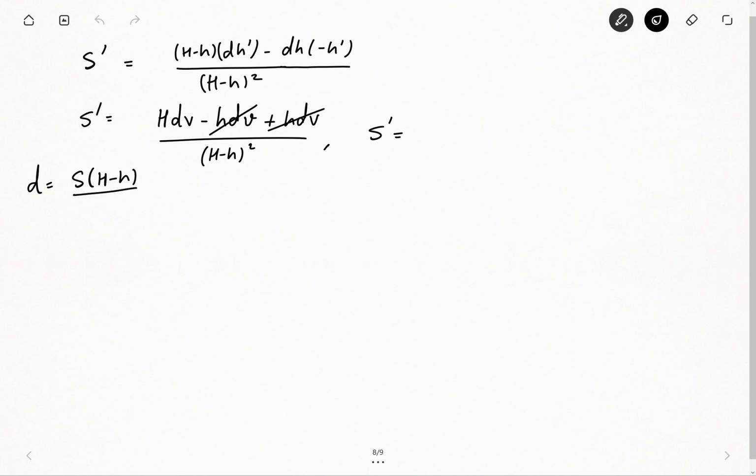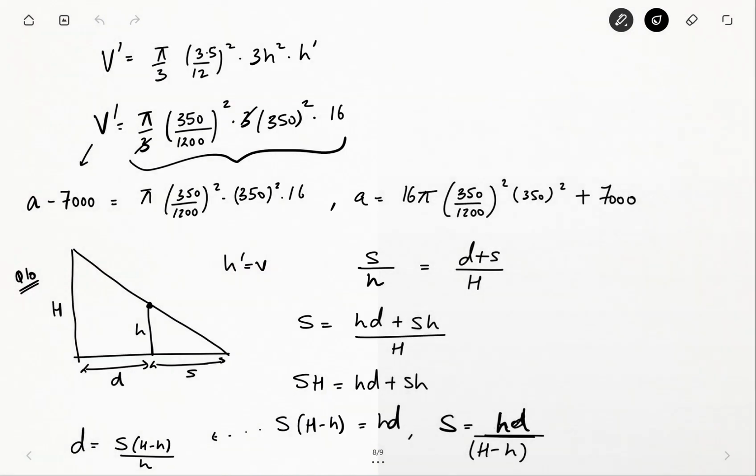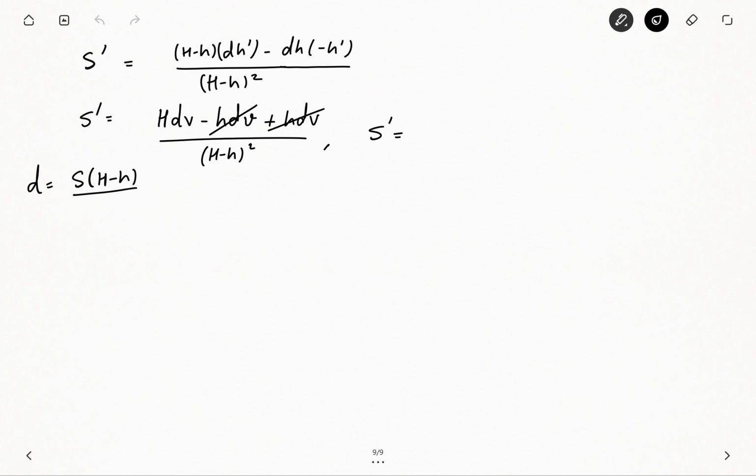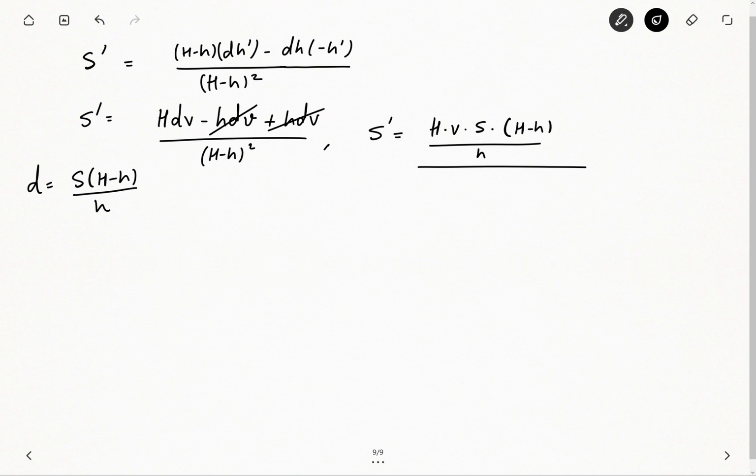let me just double check again. Yeah, divided by H. So it's that. So when you plug it in, you get h times, we're going to keep the V outside, times s times H minus h over H, all over H minus h whole squared.